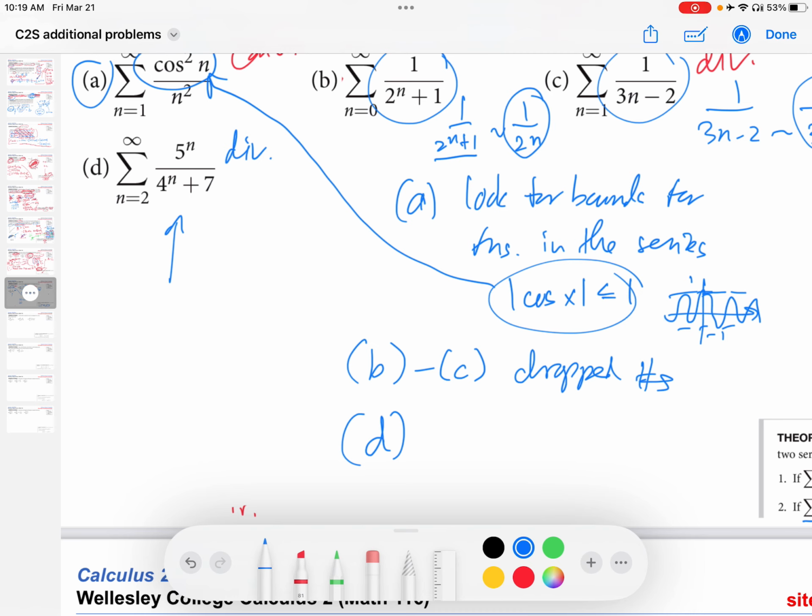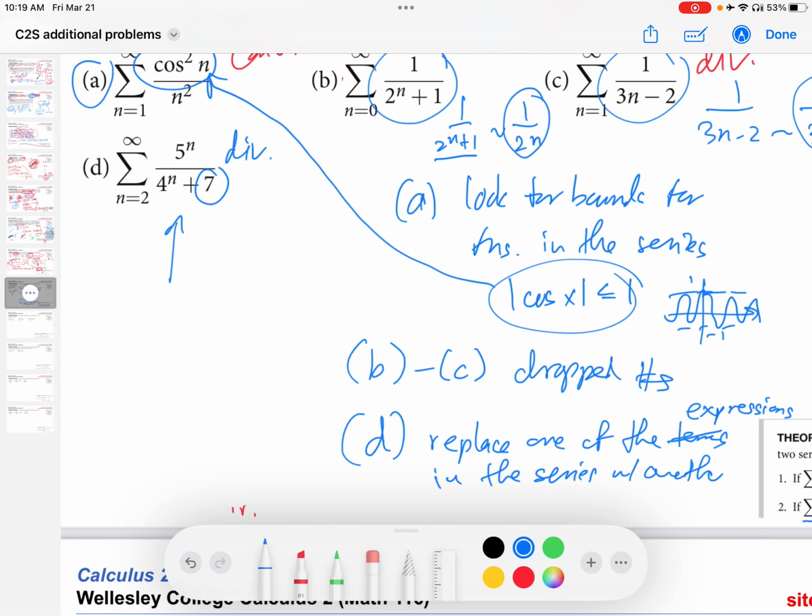Like we said earlier, if you rewind the video, dropping the 7 didn't exactly work out. But there, we used a different approach: replace one of the expressions in the series with another one in the series. Not to confuse it with a term of the series, I'll say expression.